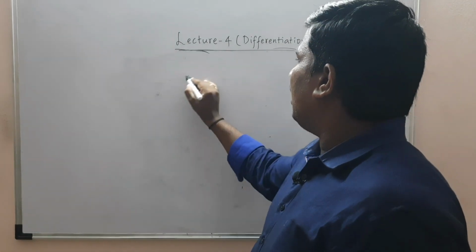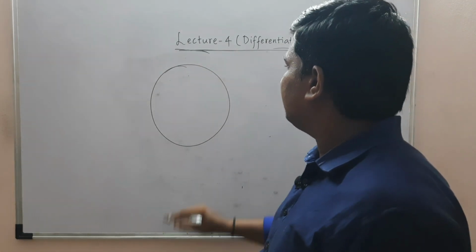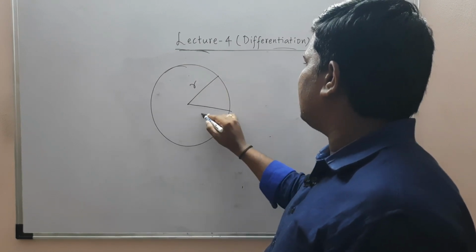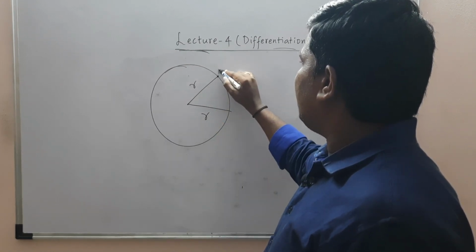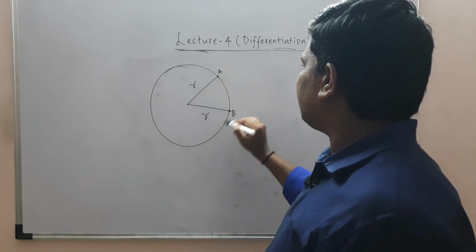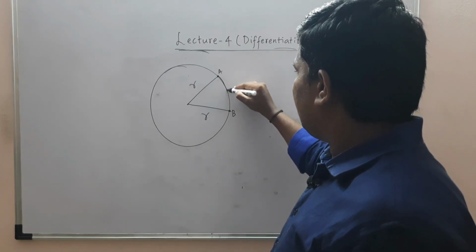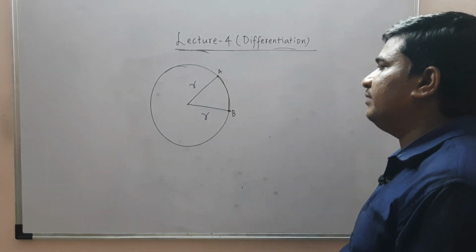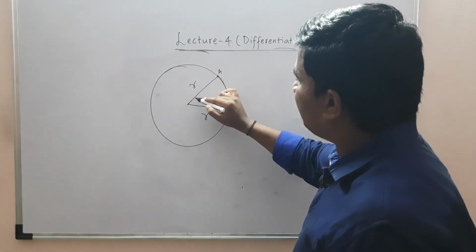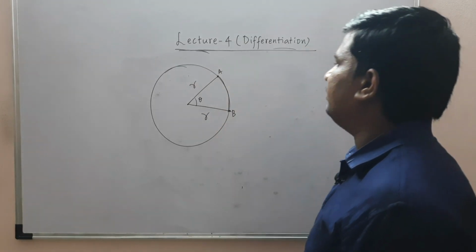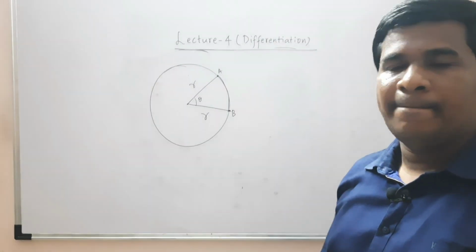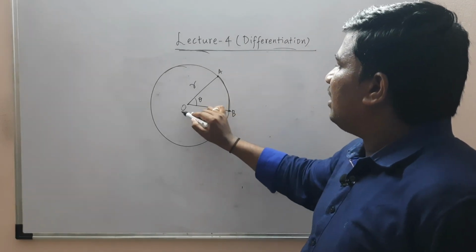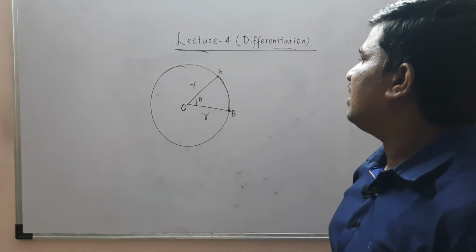See, I have a circle. Now this is radius, this is also radius. So this is point A, this is point B. And we know that AB is an arc, right? So let theta be the angle here. Now we call this OAB a sector, where O is the center of the circle.